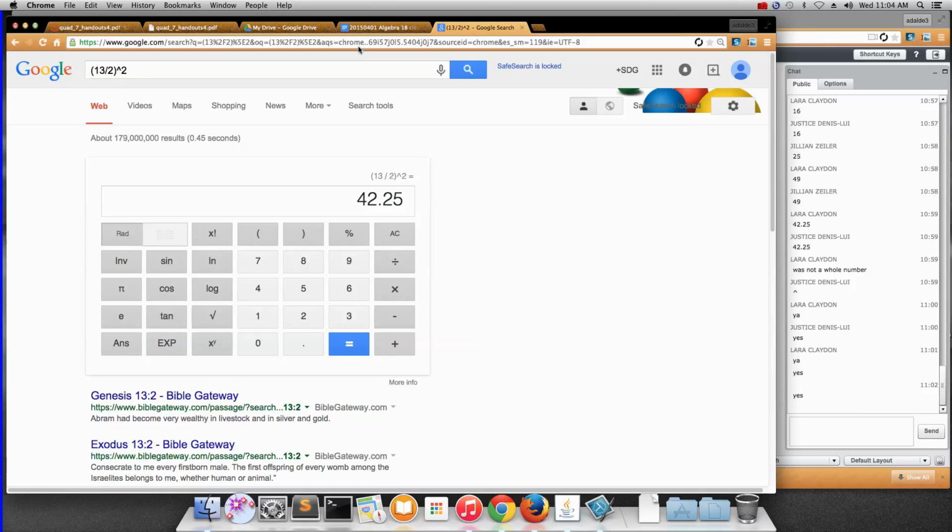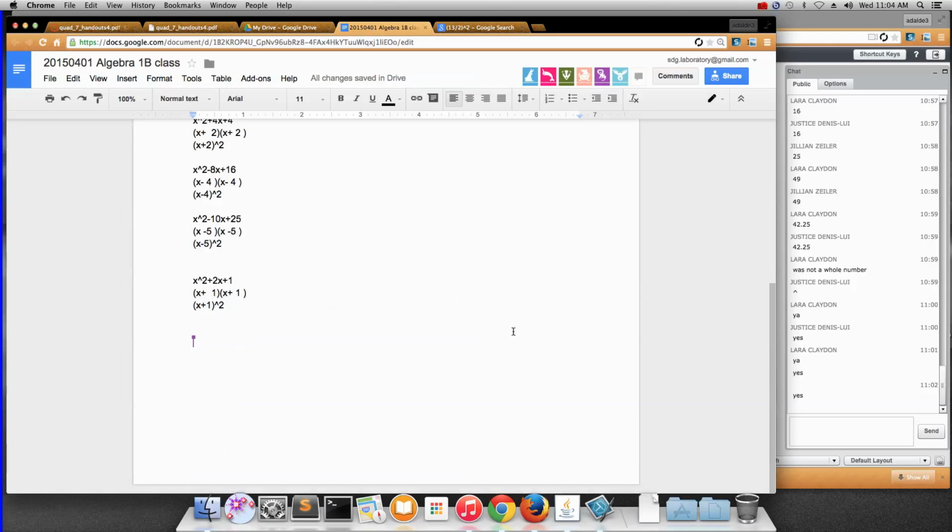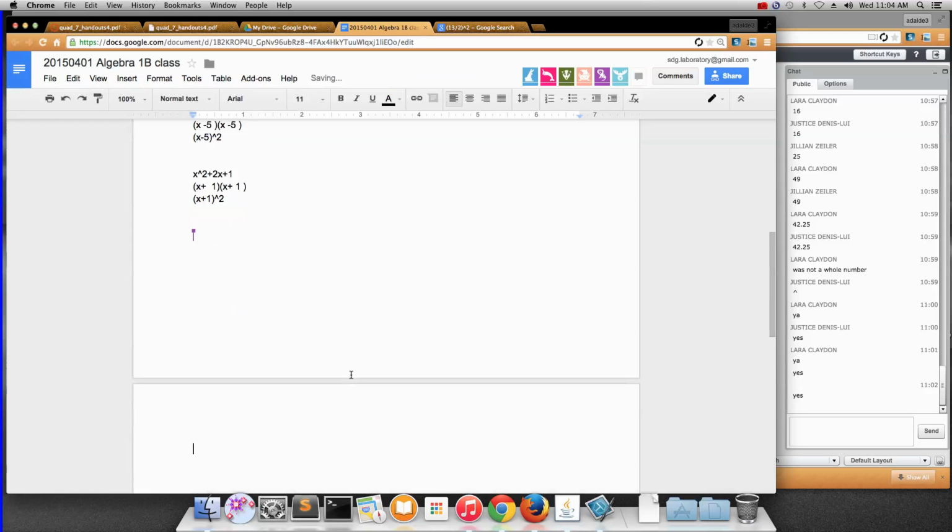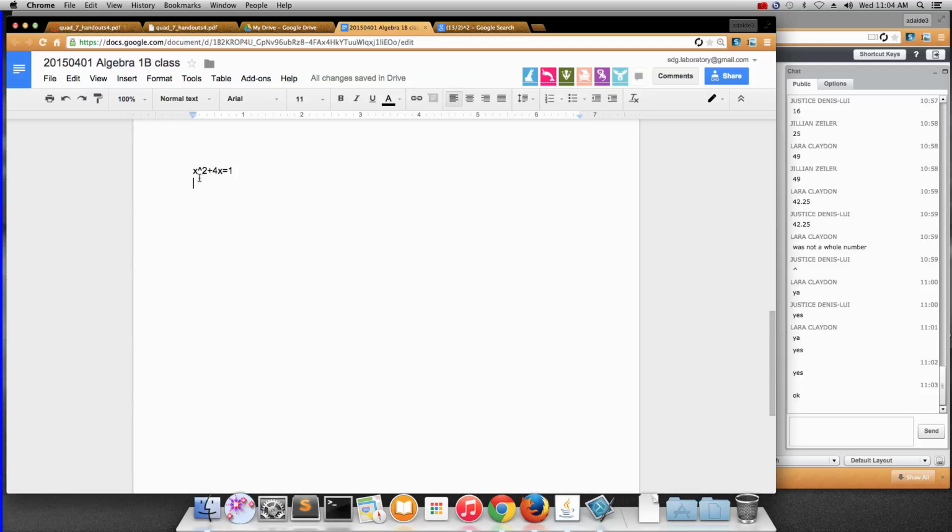Okay, let's do this problem. All right, x squared plus 4x equals 1. Write this down on a piece of paper. I'm going to blow your minds. Okay? All right. x squared plus 4x equals 1.